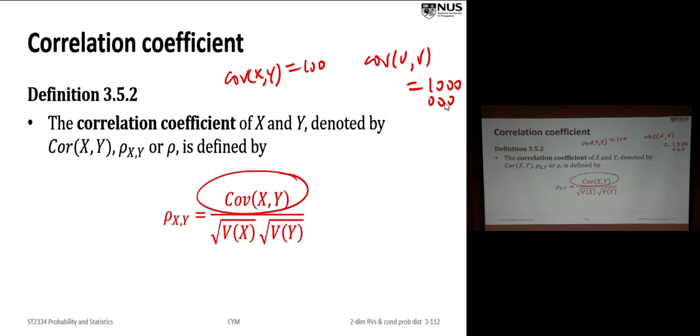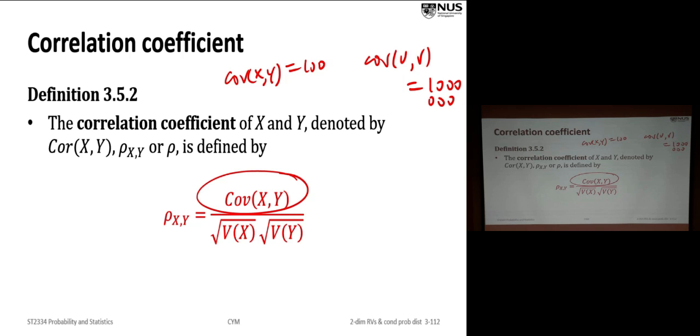All right? So which one has a stronger relationship? Both are positive. So we know that if x goes up, y goes up, or x goes down, y goes down. But how do I know which one has a stronger relationship?